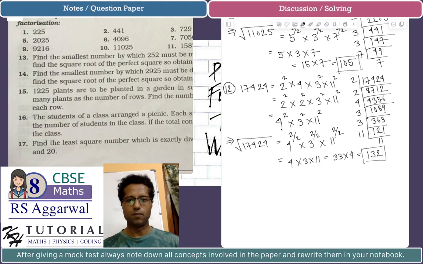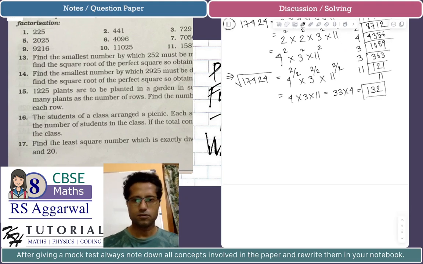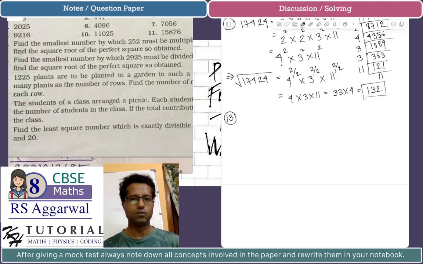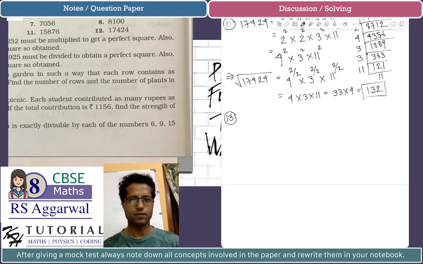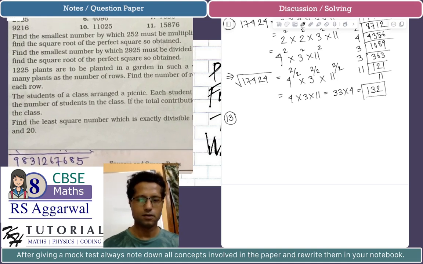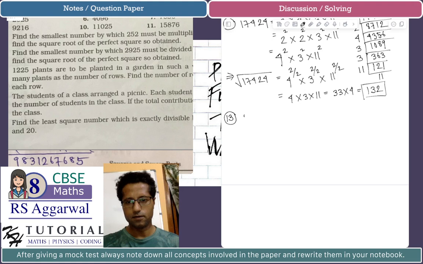Let's do problem number 13. Problem number 13 says, find the smallest number by which 252 must be multiplied to get a perfect square. Also, find the square root of the perfect square so obtained. Okay, so we have to find the least number. Let's say that be x, so that this is a perfect square.